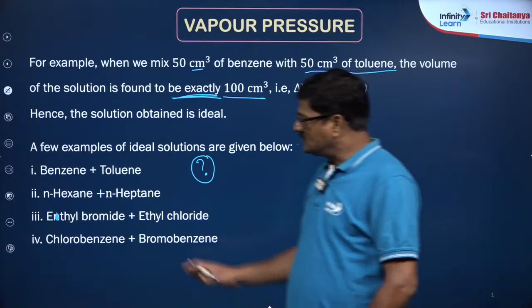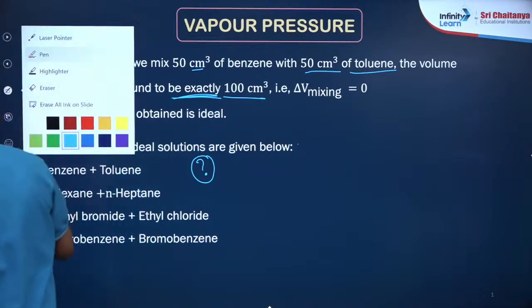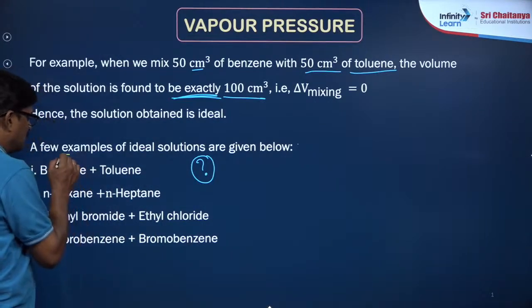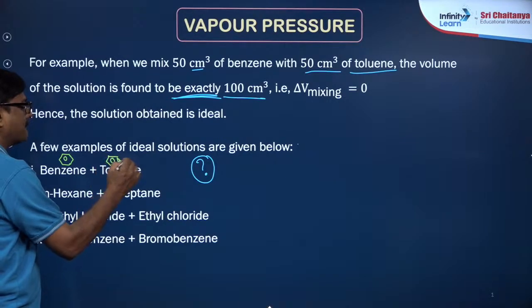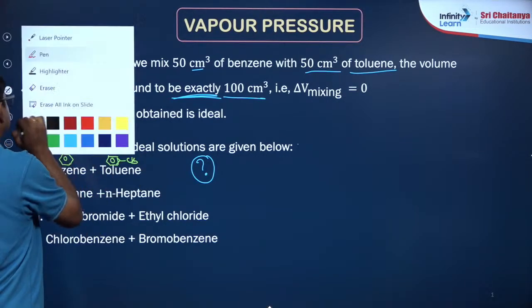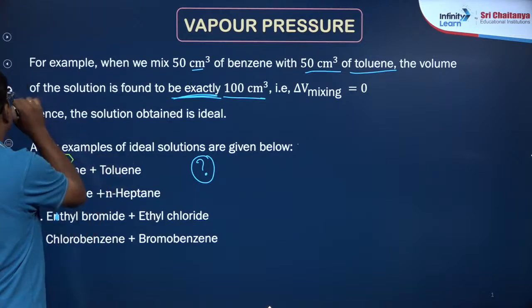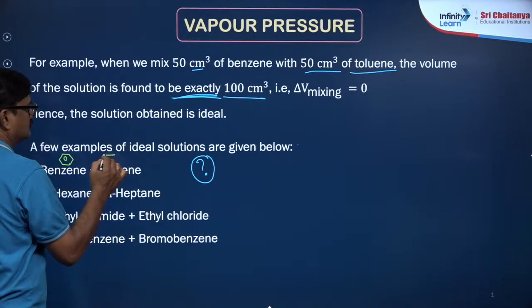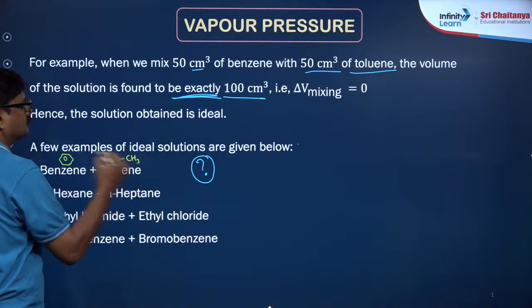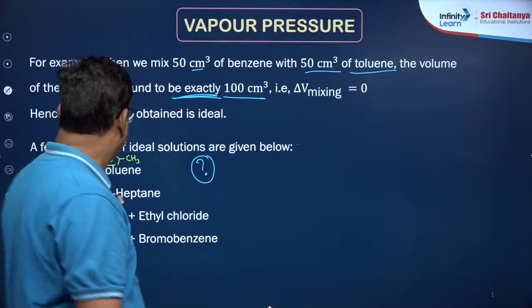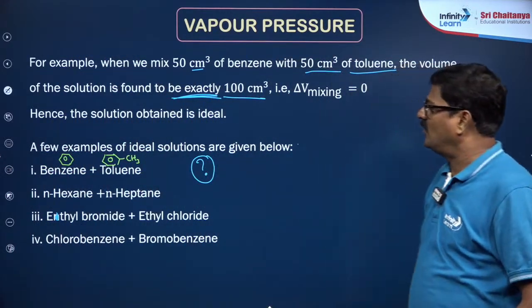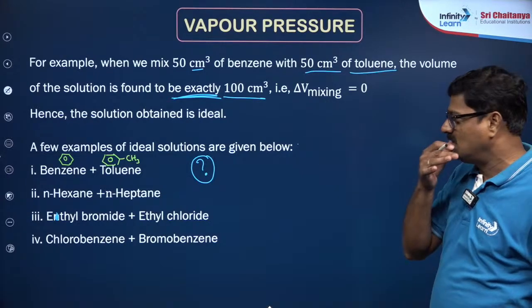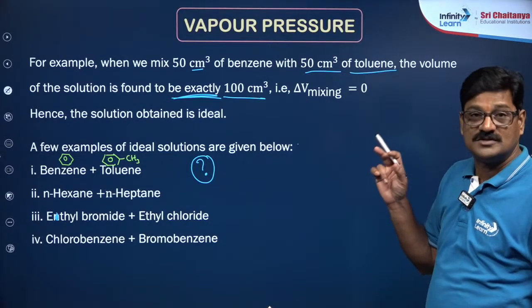Look at the structure of benzene, the intermolecular force. This is your benzene, this is your toluene. Benzene and toluene have the same molecular structure and the same molecular mass, and the nature of intermolecular force is the same.